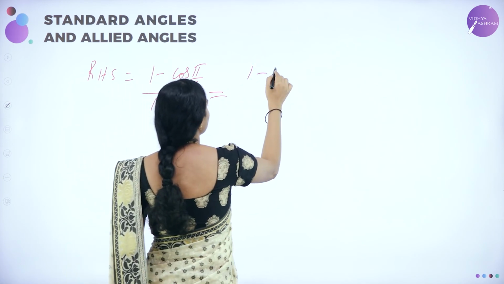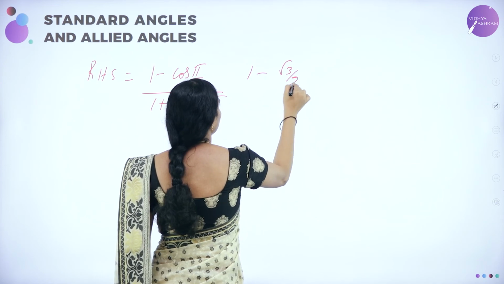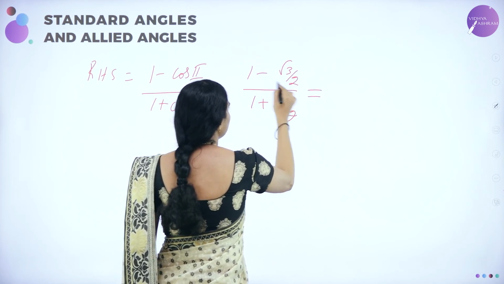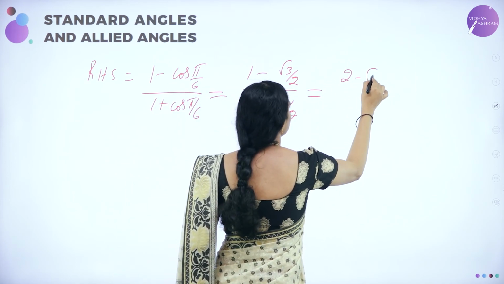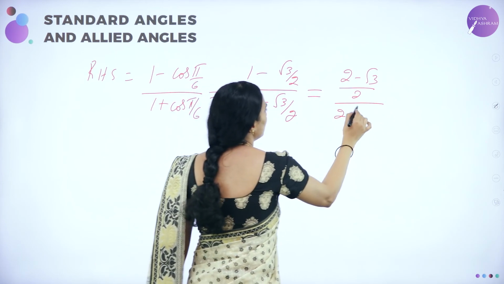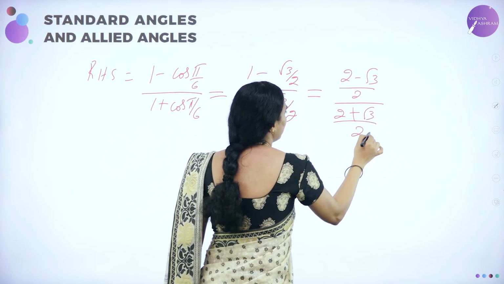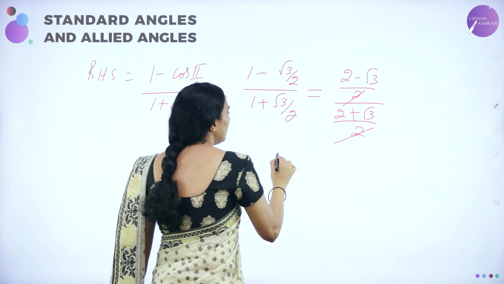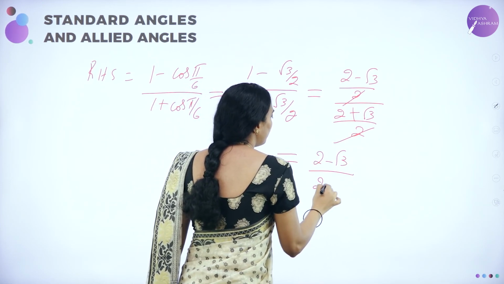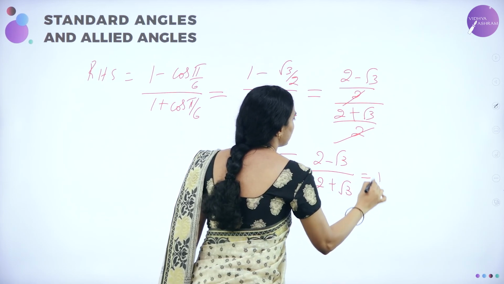So 1 minus root 3 by 2 divided by 1 plus root 3 by 2. So taking the LCM is 2 here. 2 minus root 3 divided by 2 divided by 2 into 1 is 2 plus root 3 divided by 2. So 2 will get cancelled. You are having the answer 2 minus root 3 divided by 2 plus root 3, which is your RHS.